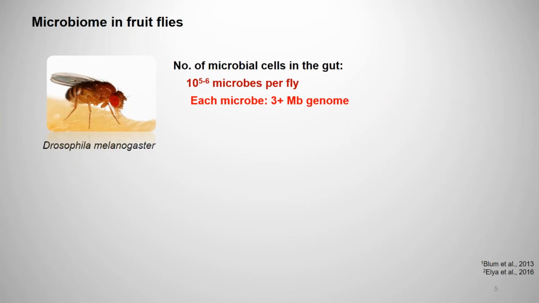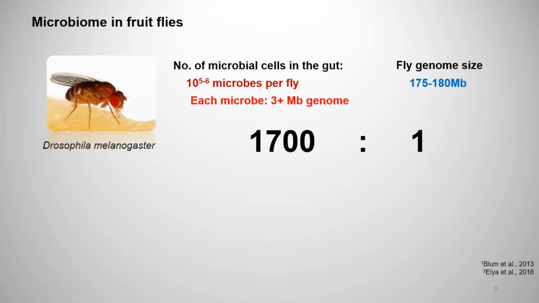Collectively, we're talking about almost 300,000 to 3 million megabases of genetic material coming from the microbiome in the fly. And you think about the genome size of the fly, which is only around 175 to 180 megabase pairs. We're talking about almost 1,700 times more genetic material coming from the microbes in the fly, in contrast to the genetic material coming from the cells of the fly.